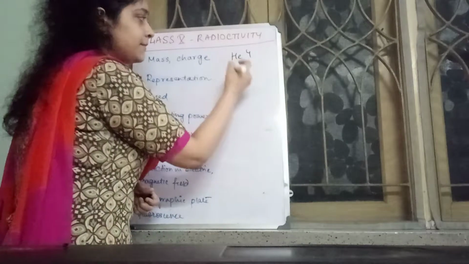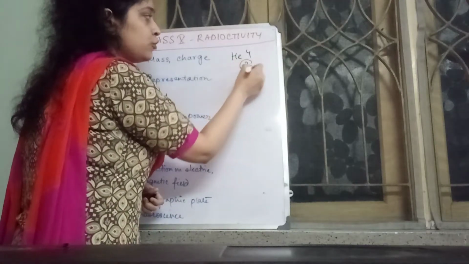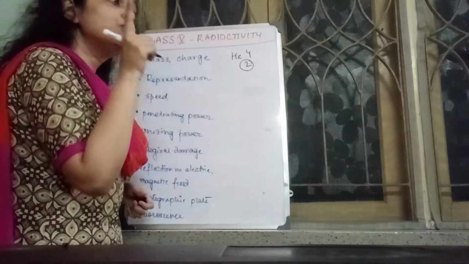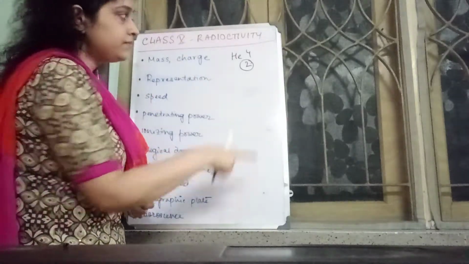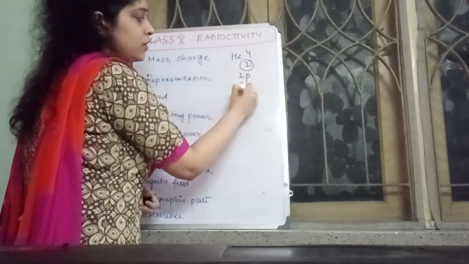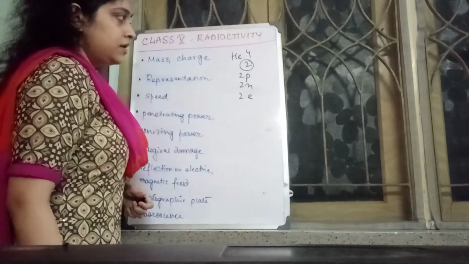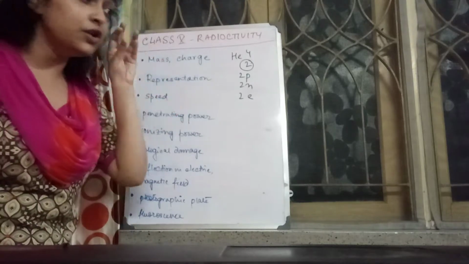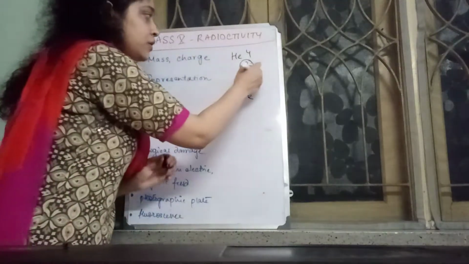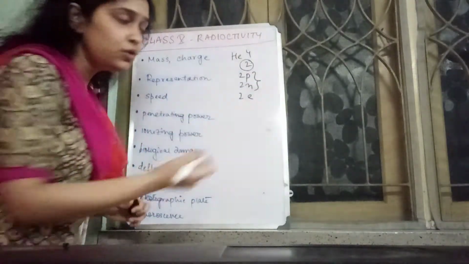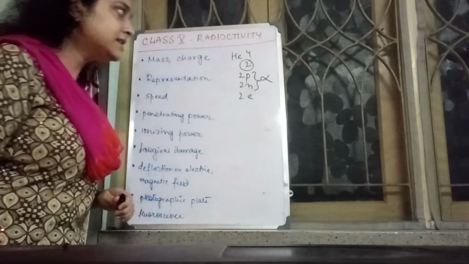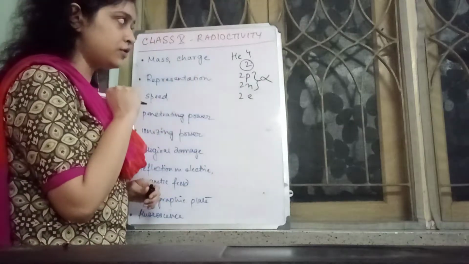It has 2 protons, 2 neutrons and 2 electrons, mass number 4. If I only consider the nucleus of helium, it contains 2 protons and 2 neutrons. It's similar to the alpha particle.